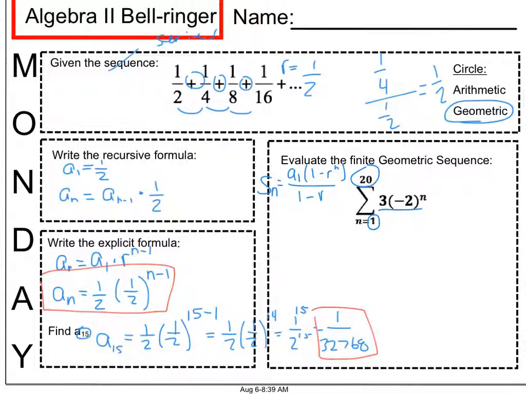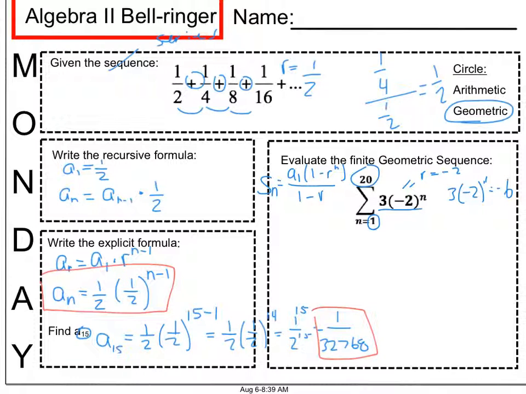So just by looking at this formula, I can see that our r value is -2, and I also want to calculate what the first value would be in that series. So what I would want to do is plug in 1 for n. So 3 times -2 to the 1 power, excuse me, let me erase that, that should be a 1, would be -6.